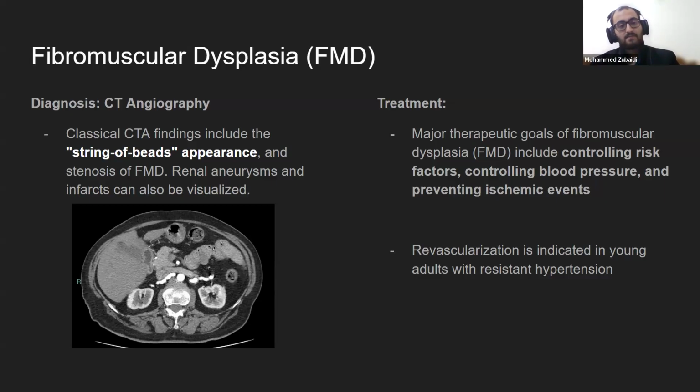In intimal-based fibromuscular dysplasia, the most common finding we see on CT is a stenosis rather than a string of beads. The therapeutic goals of fibromuscular dysplasia are according to the vessel affected. For renovascular disease, we have to control hypertension, and also control cardiovascular risk factors. In selected patients, there is also revascularization.